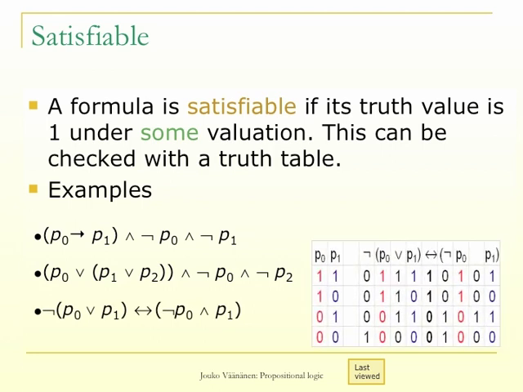Not (P0 or P1) if and only if (not P0 and P1). In each case, one can draw the truth table to see that the formula is satisfiable.